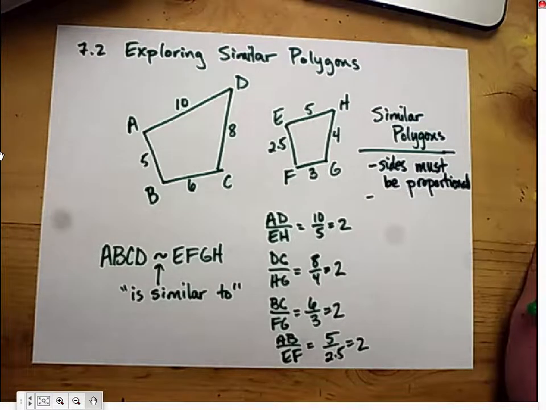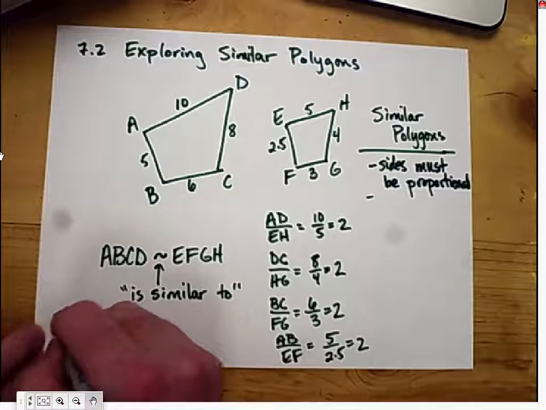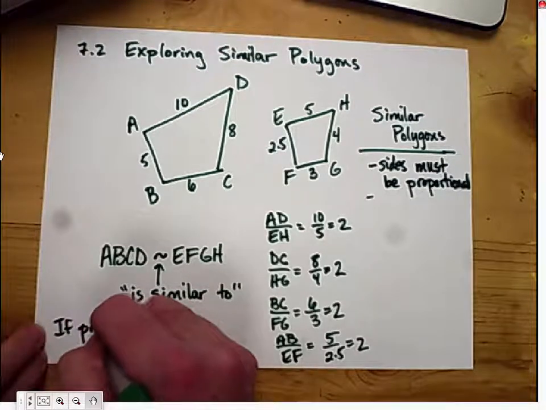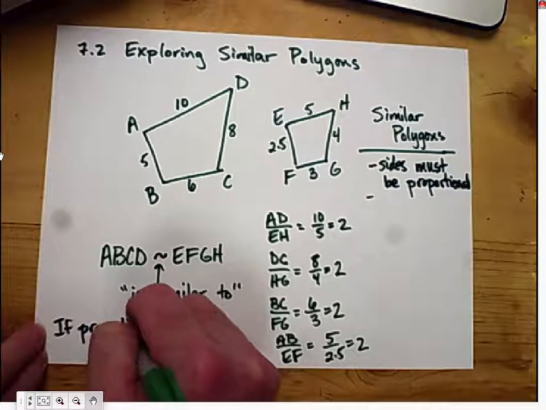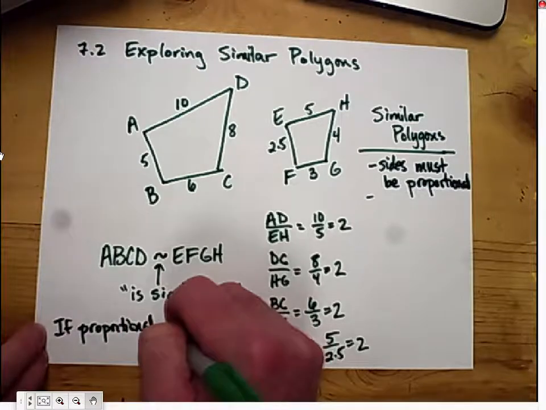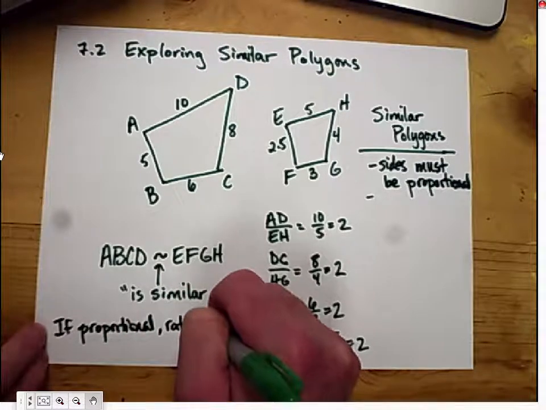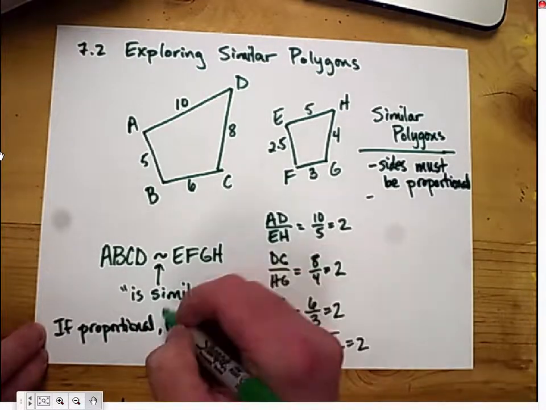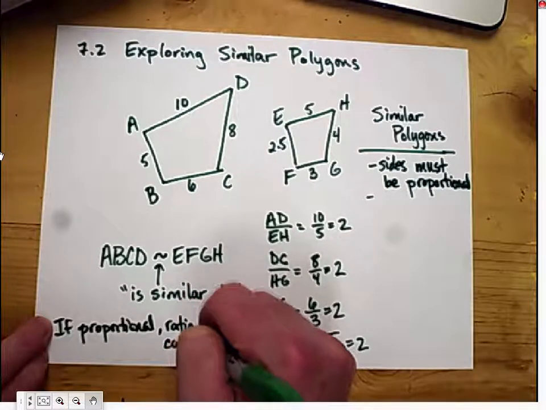Proportional just means always the same ratio, right? And that ratio is called the scale factor. Okay? If proportional, the ratio, because it's the same every time, is called scale factor.